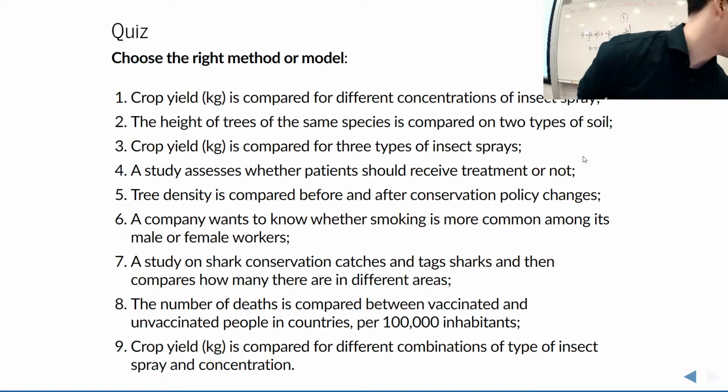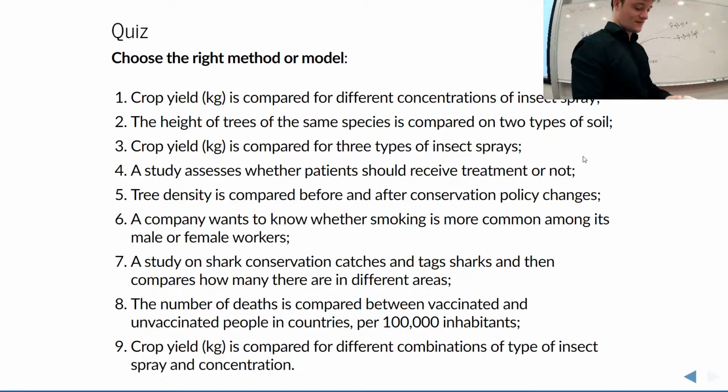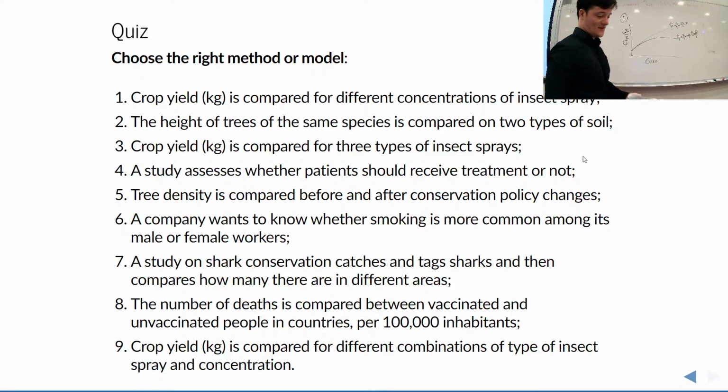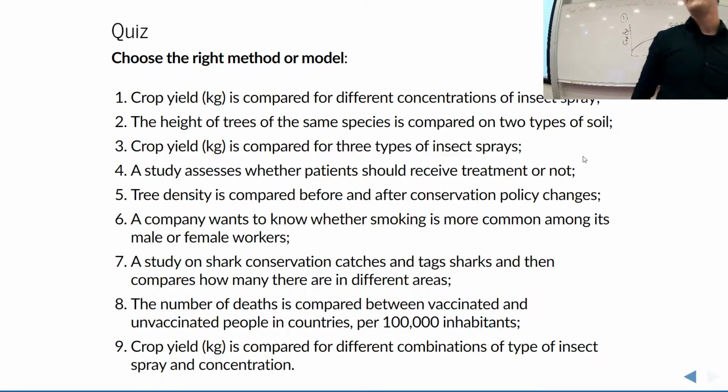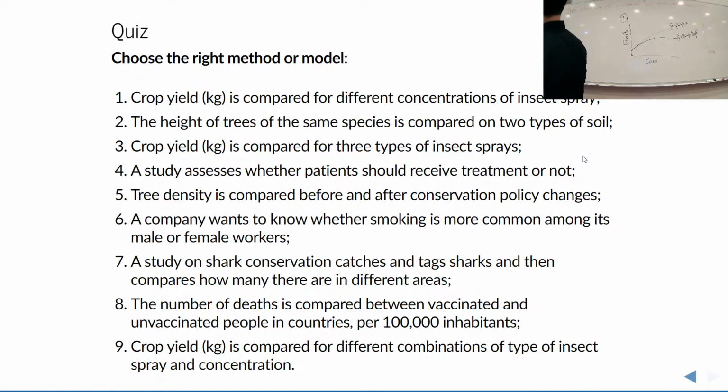In the meantime, I'm going to make some space. Number 3, ANOVA. Okay, so again, the crop yields.